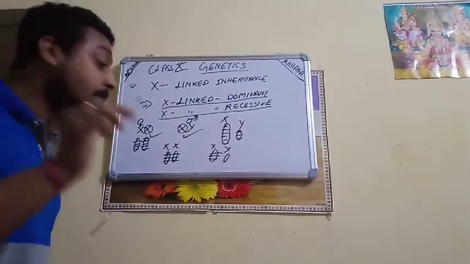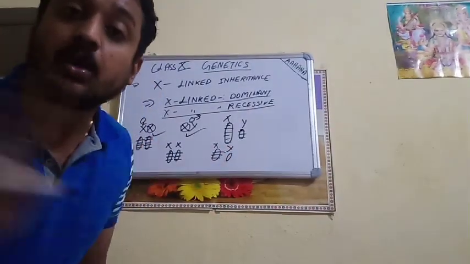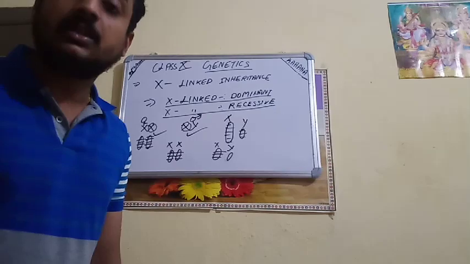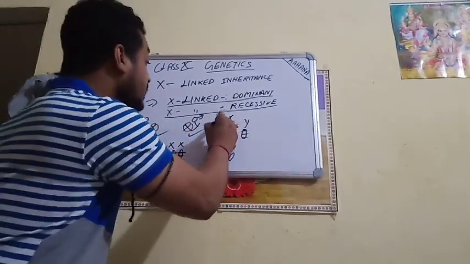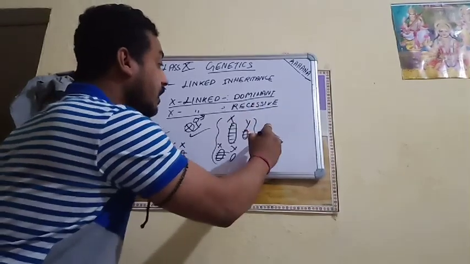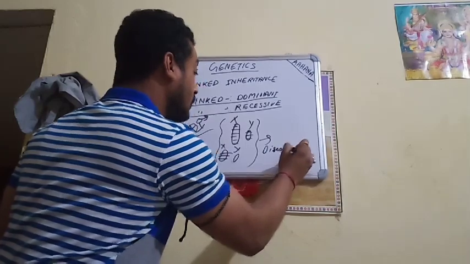But in human males, even if the alteration is recessive, the Y cannot suppress it. Why? The reason is Y is very small, it cannot tackle. In both cases, the male will be diseased.